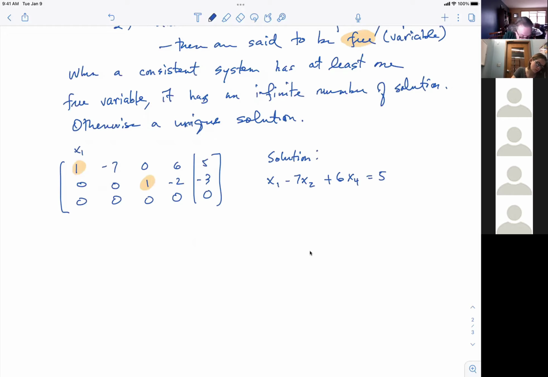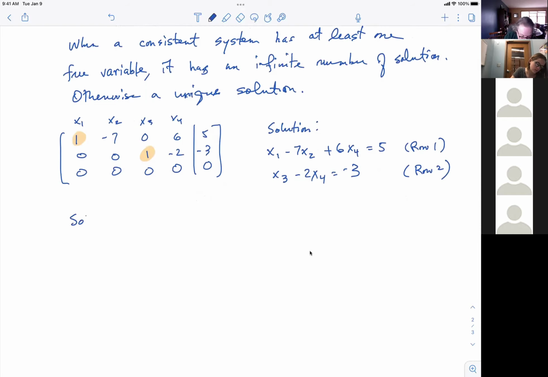Remember, that's the x1, x2, x3, x4 column. And from row 2, I get x3 minus 2x4 equals -3. Then I want to solve for the basic variables.